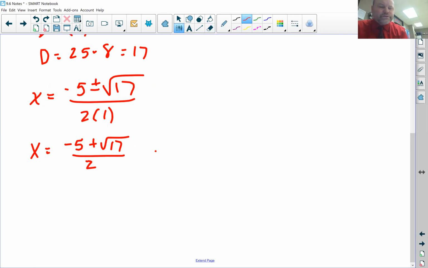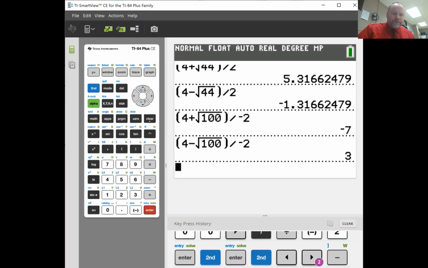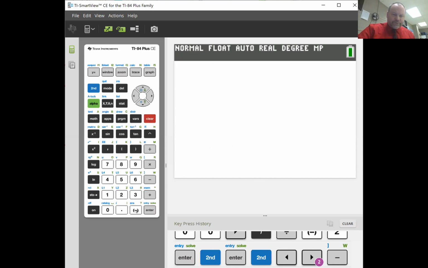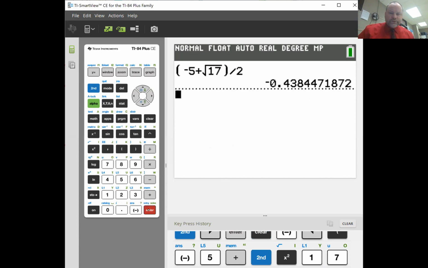It's a terrible X. And I'm going to clear so that I, oops, parentheses, -5 plus the square root of 17 divided by 2. And we get -0.44 if we round to the nearest hundredth.